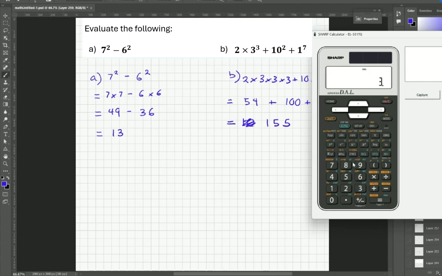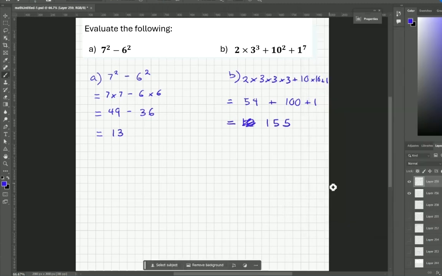So let's do 3 to the power of 3, times 2 is 54, which we already got, and then we're going to plus 10 to the power of 2, and then plus 1 to the power of 7, which you will see is just 1.